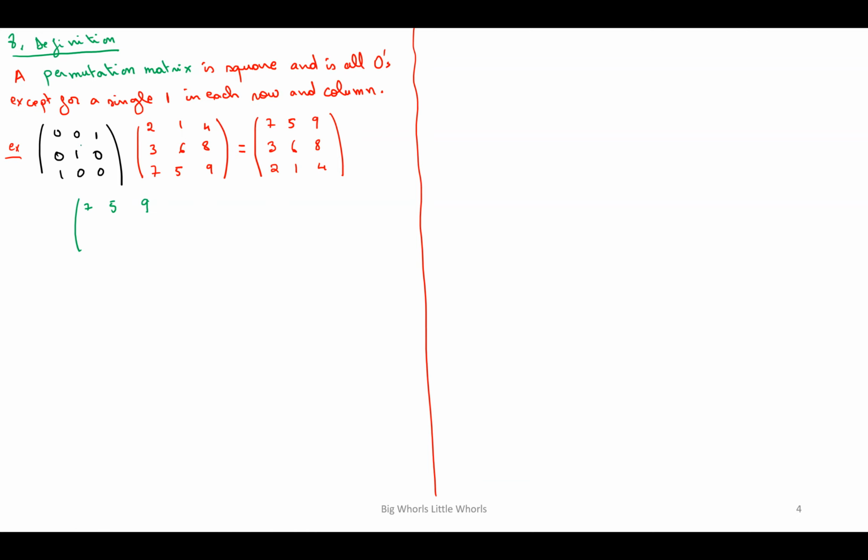Second row, first column, everything is 0 except for 3 here, so we have 3, then 6 and 8. Then the third row: first column 2, second column 1, third column 4. So as you can see, yes, they are the same. Let's continue with the following definition.